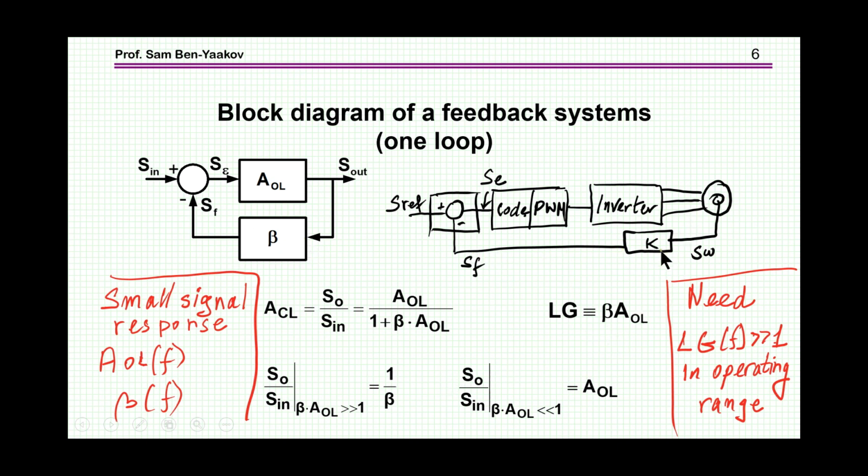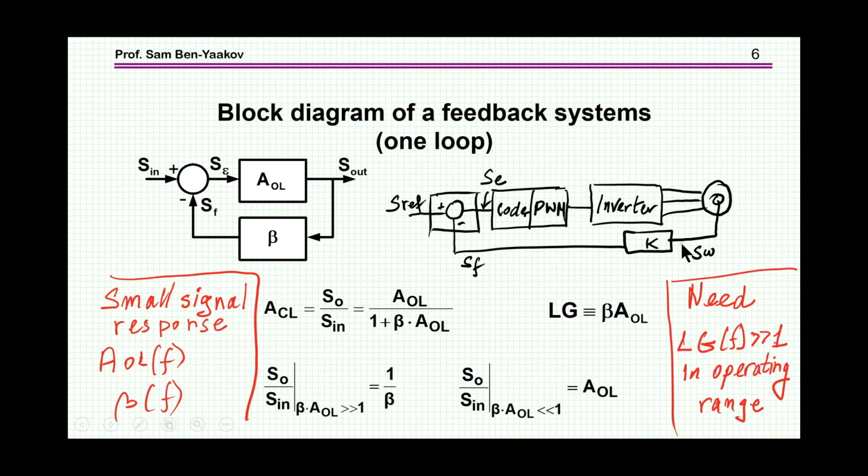And K, in this case, is beta. It could be a constant, or it could be frequency dependent. For example, if you like the system to behave in a certain way, you might wish to make this frequency dependent.